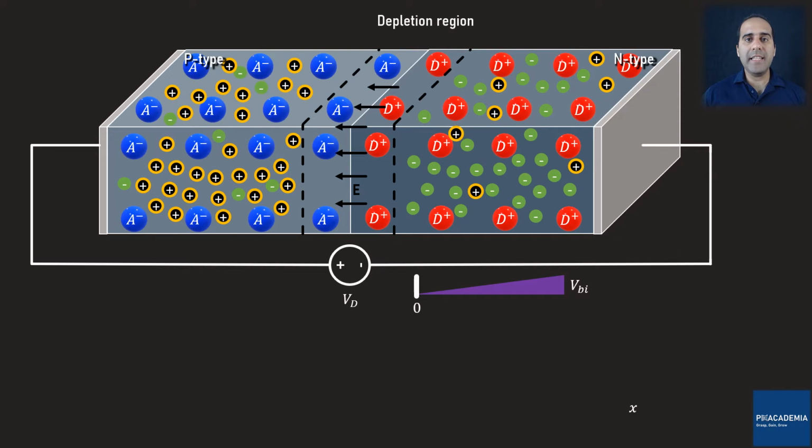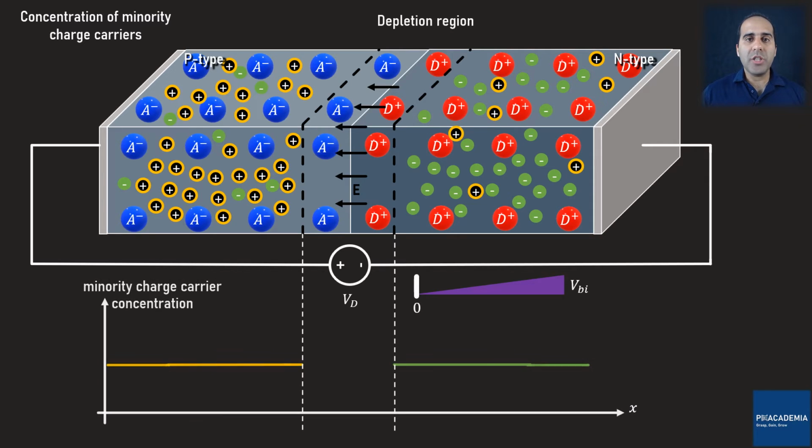Let's take a look at the concentration of minority charge carriers for this abrupt PN junction across the device length. When there is no forward biasing, the minority charge carrier concentrations on both sides of the PN junction are flat all across the device. And of course, the depletion region is empty of any mobile charge carriers.